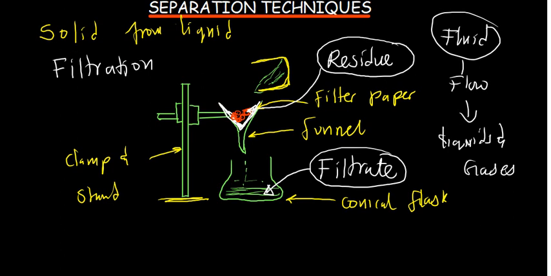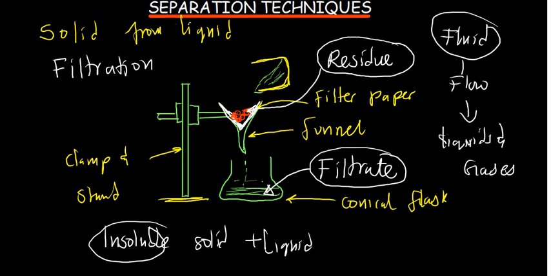So you need to know when you are talking about filtration, you separate an insoluble solid that is mixed with a fluid. Now in this case we are using a liquid. If you mix, for example, salt in liquid water, you are not going to see the salt, so you cannot use filtration because the salt is not going to remain on the filter paper.